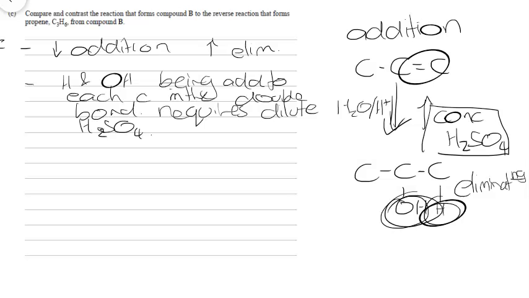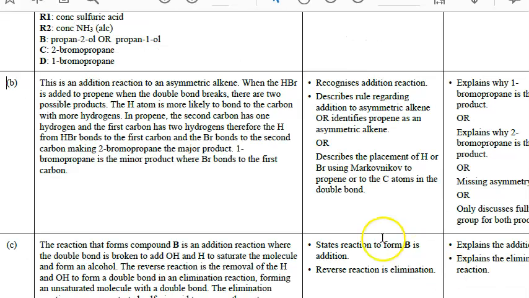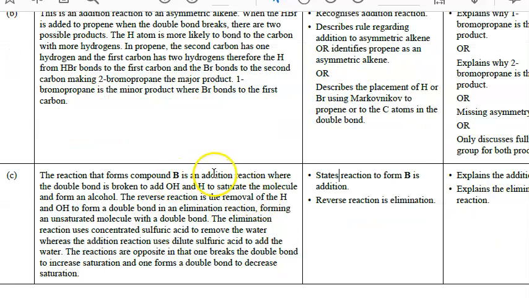Let's have a quick look and see how we've gone with that. So the reaction is an addition reaction where the double bond is broken. The reverse reaction is the removal of the hydrogen to form a double bond, forming the unsaturated molecule with a double bond. The elimination reaction uses concentrated sulfuric acid to remove the water.